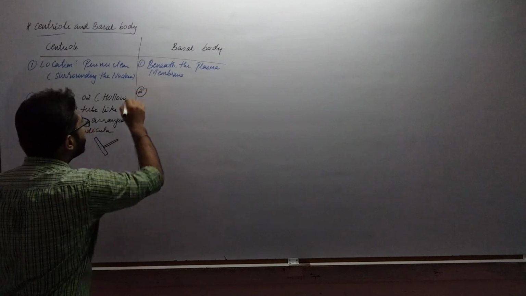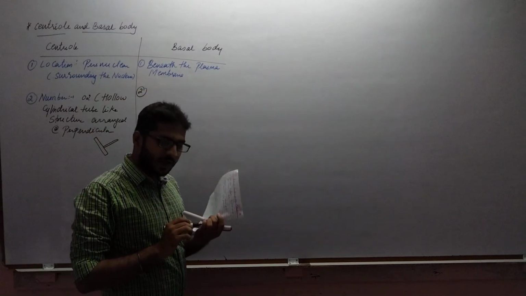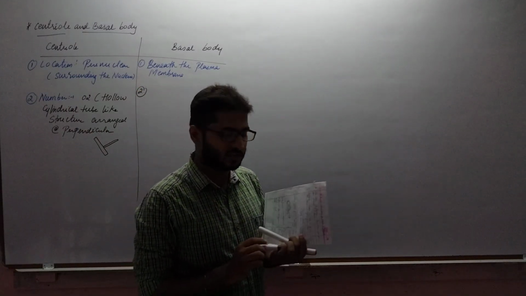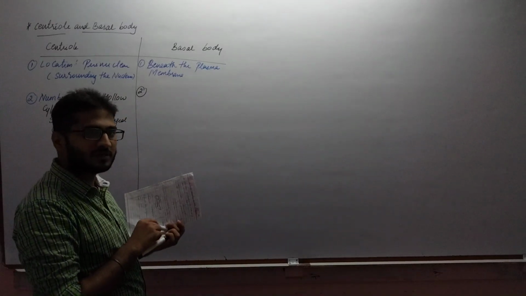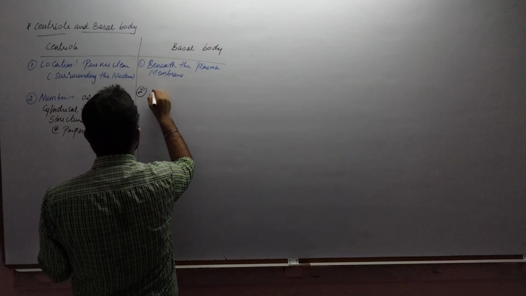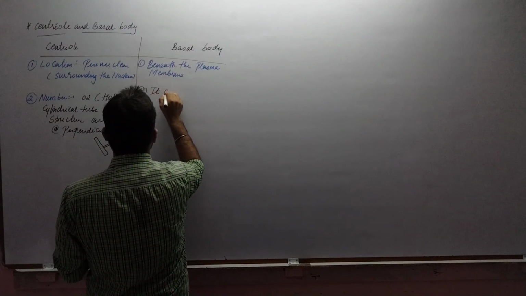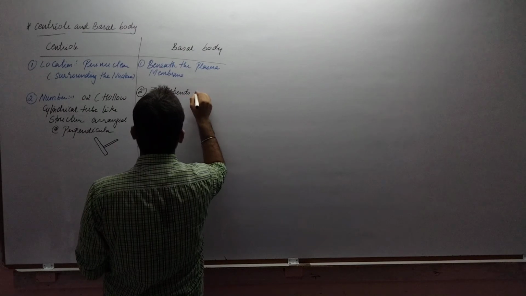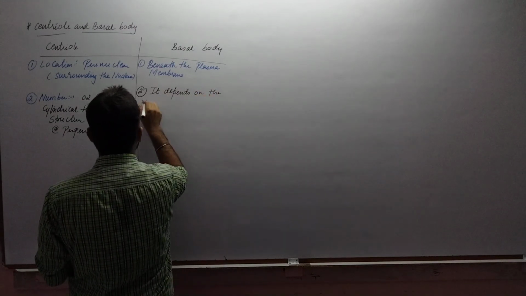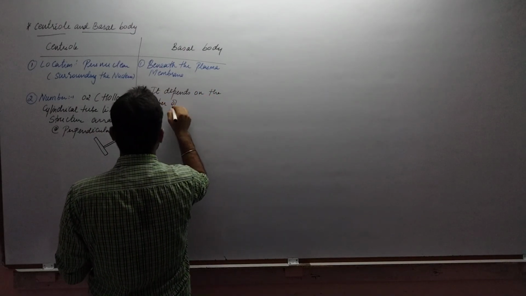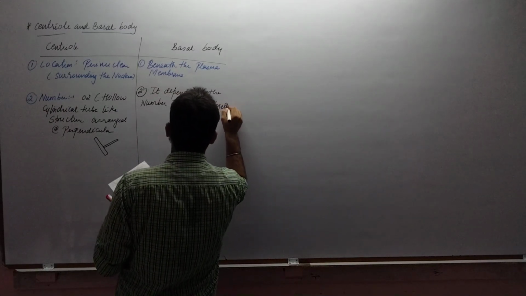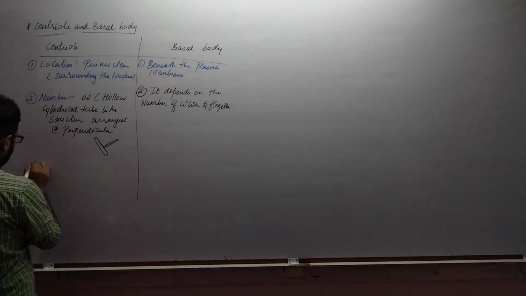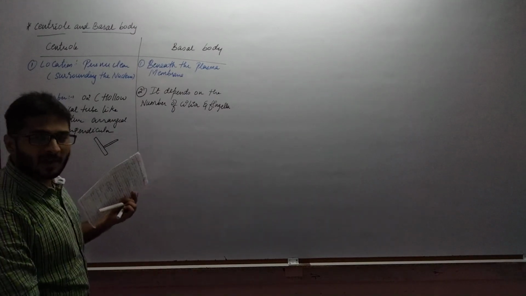The number of basal bodies is dependent upon the type of cell and the number of cilia and flagella. So the total number of cilia and flagella is equal to the total number of basal bodies. The third comparison parameter is size.